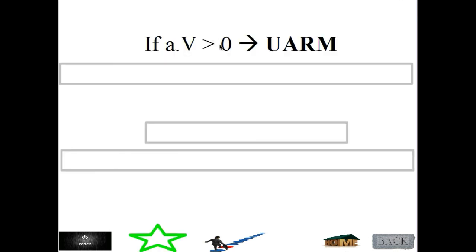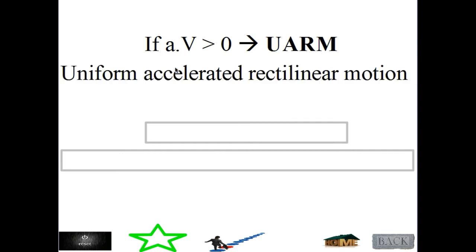So if a dot v is greater than 0, if a is positive and v positive, then the motion is uniform accelerated rectilinear motion. So this is the first case.